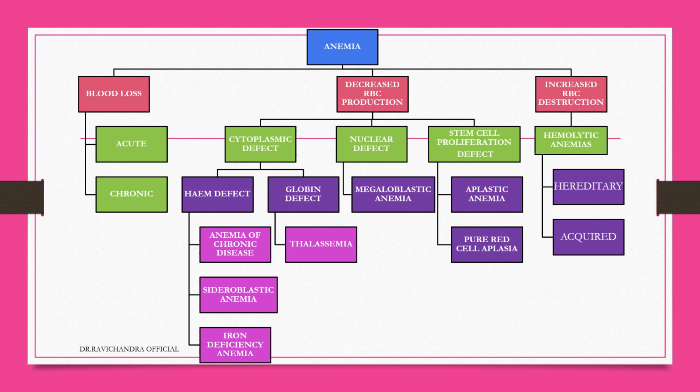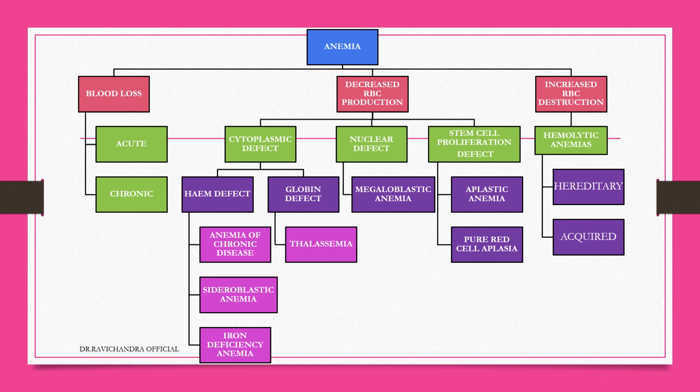If there is a cytoplasmic defect, and in the cytoplasmic defect, if there is a defect in the heme, then the disease can be anemia of chronic disease or sideroblastic anemia or iron deficiency anemia. If the cytoplasmic defect is because of the globin defect, then it results in thalassemias.